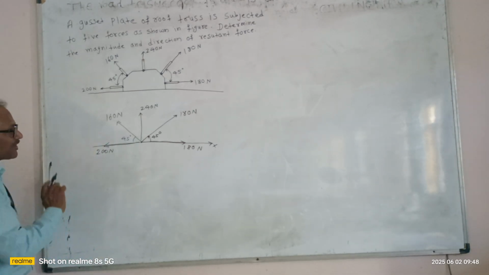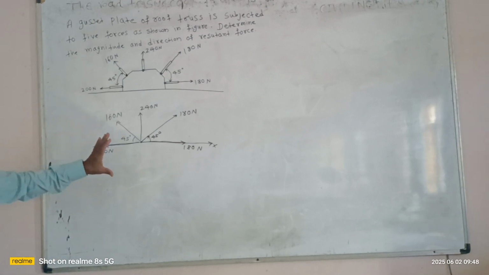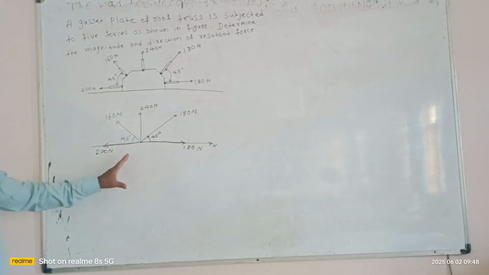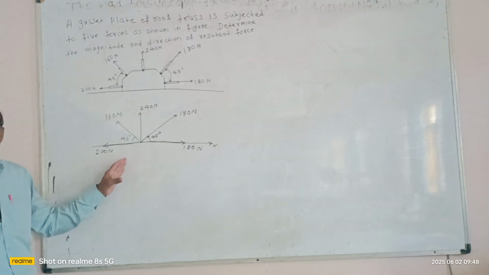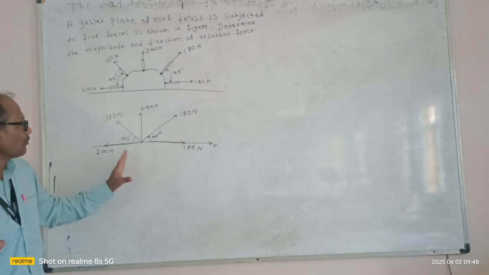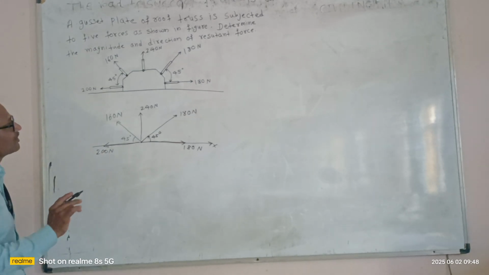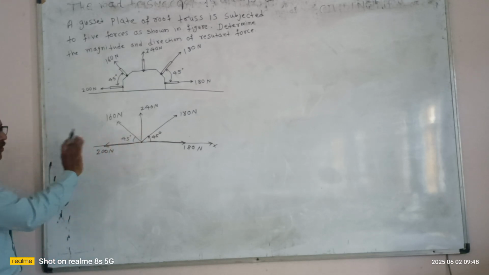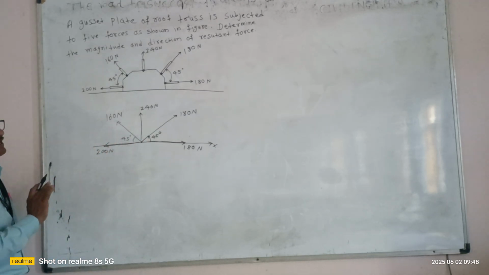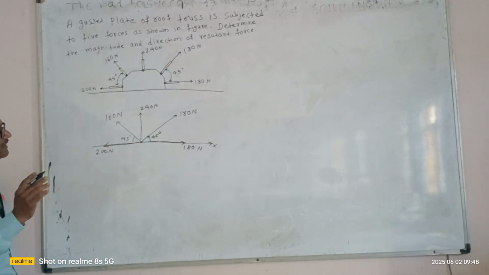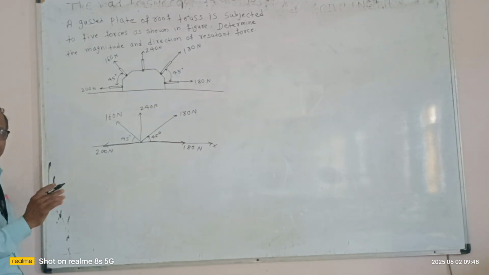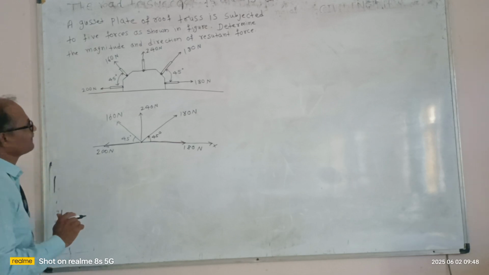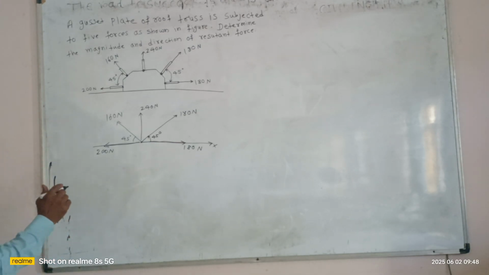Okay. So first step: force is a vector quantity, which means not only magnitude but also direction is important. So for this, first of all, resolve all forces in the x and y axes, or in other words, find the components of all forces in the x and y axes.